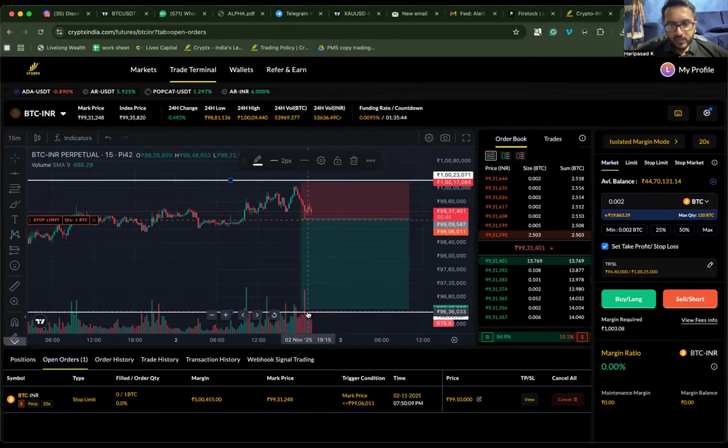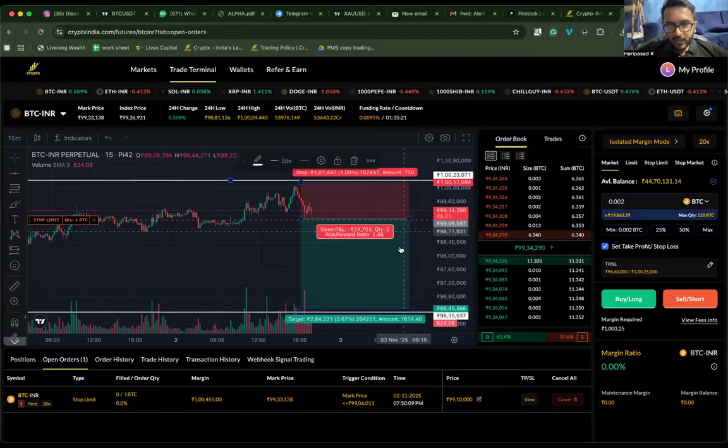With your targets towards 96 lakhs. But as I mentioned to you, you can always keep trailing your targets. Even though 96 lakhs 45,000 can be your major target, you can have another target in between, so you can consider this to be target two.